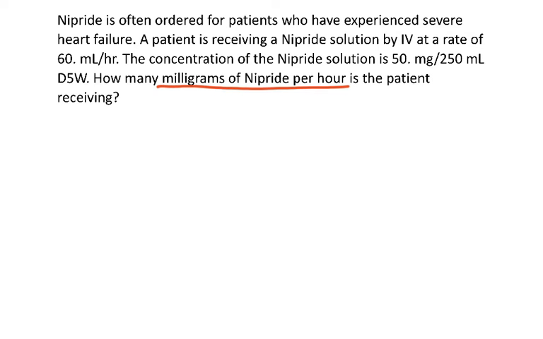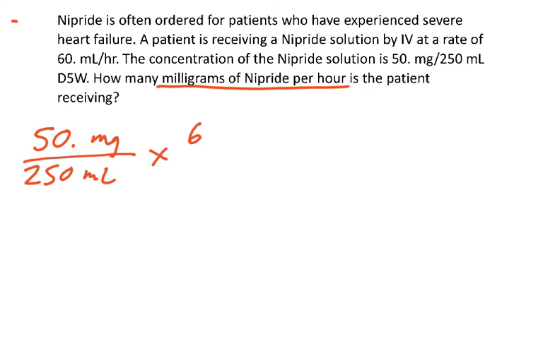And so we can look at the equations, or we can use the units to guide us. So work this on your own first and then come back and see. 50 milligrams over volume to get milligrams on top, and then 60 milliliters per hour as the flow rate to get hours on the bottom.